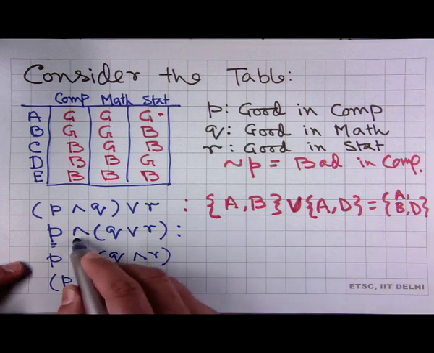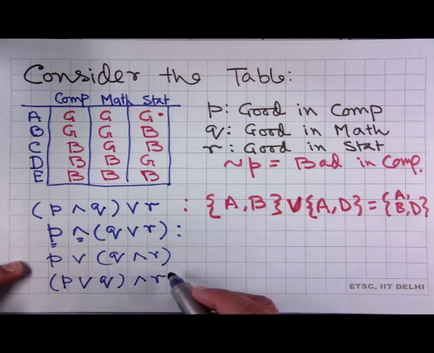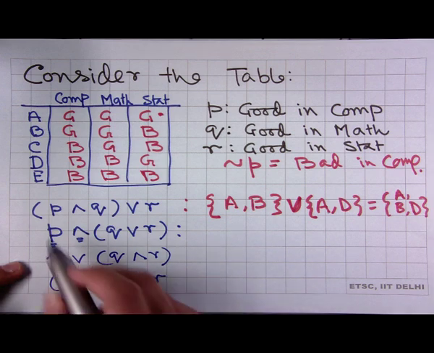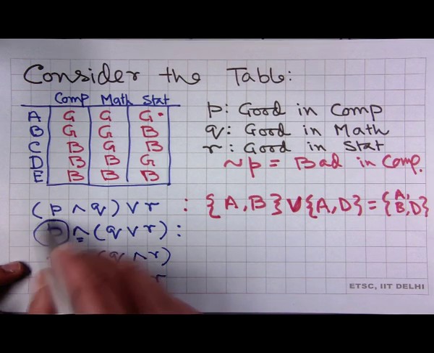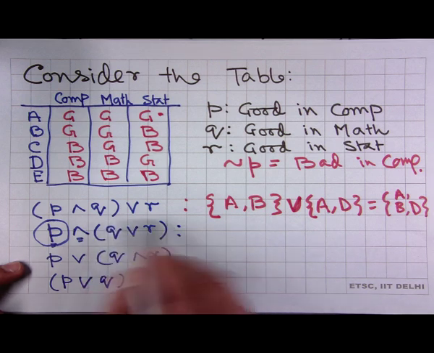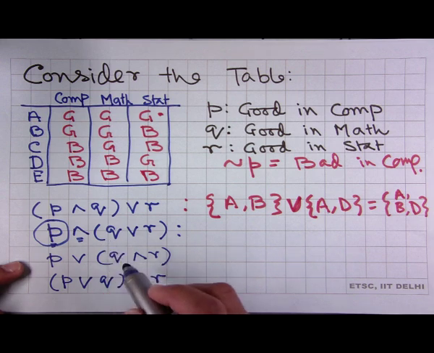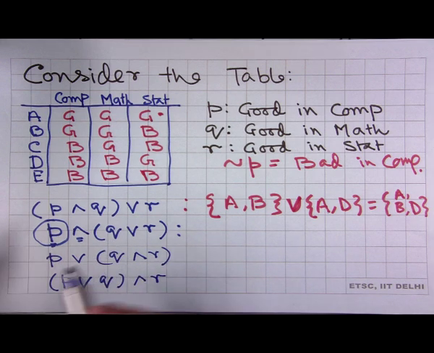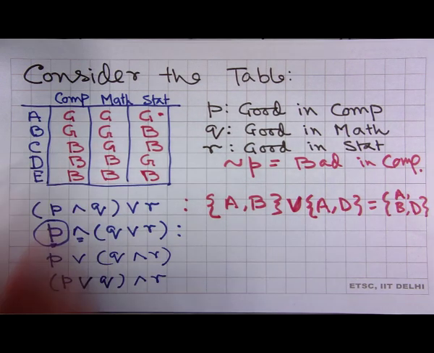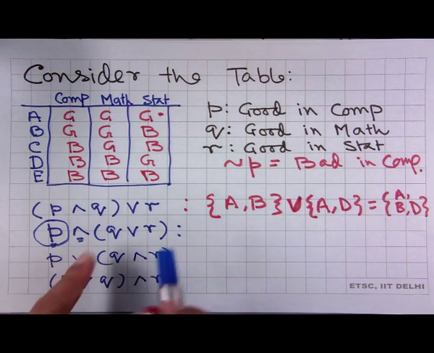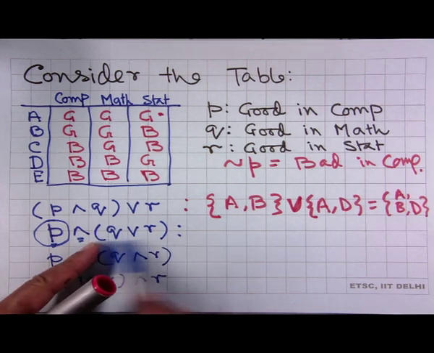So, because it is and, we have to find out the truth set for P, we have to find out the truth set for Q or R, and because it is and, we have to find the intersection of that one, right? Somebody who is good in computer science and somebody who is good in one of these.